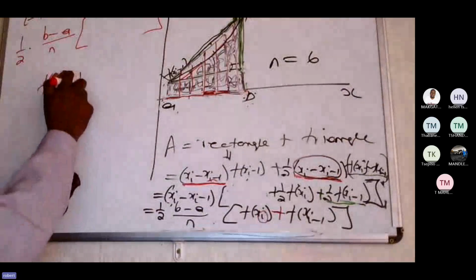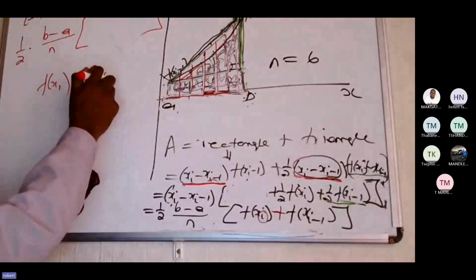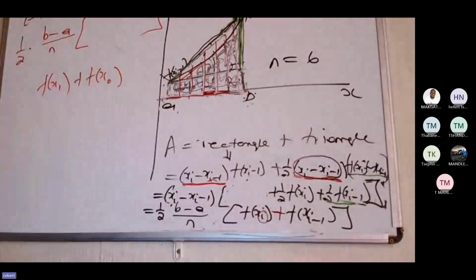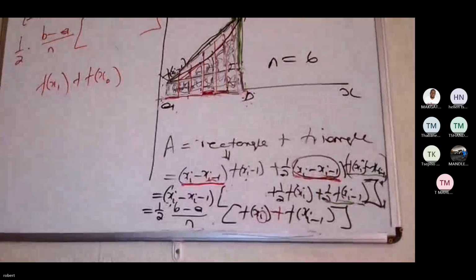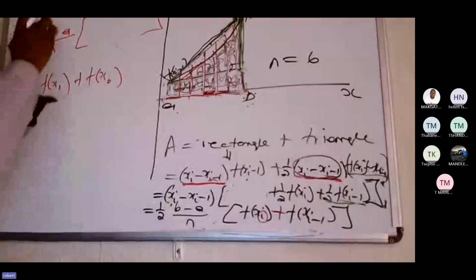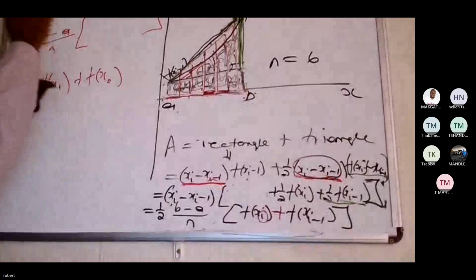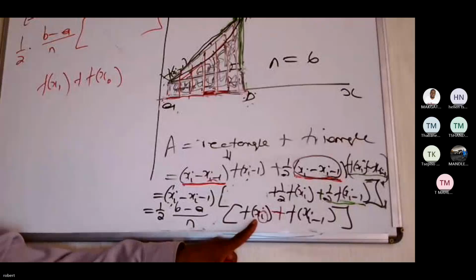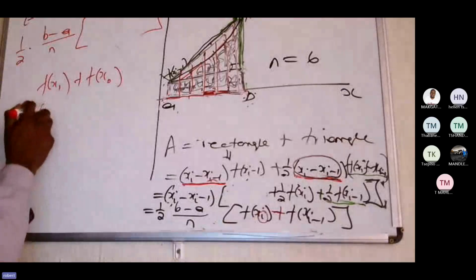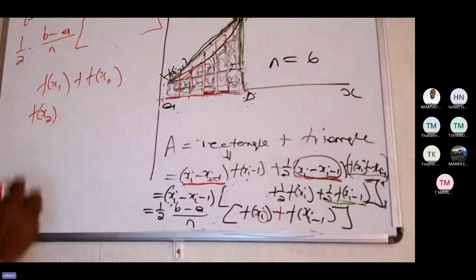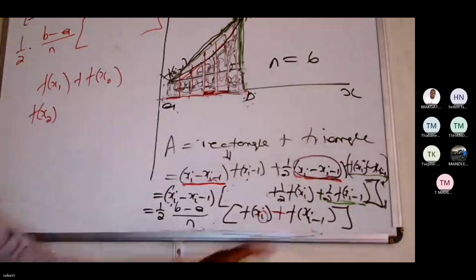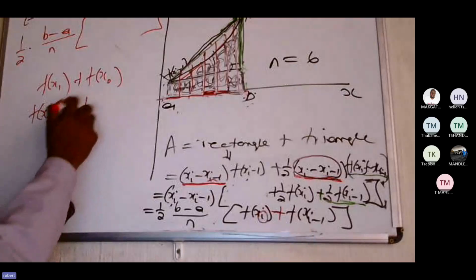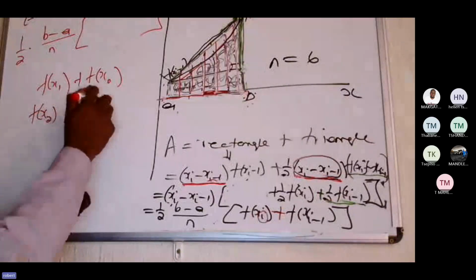So it will be plus f of x_0. So let's say if i is 2, then what about this one? It's going to be f of x_2. What about this one? It's going to be plus f of x_1.